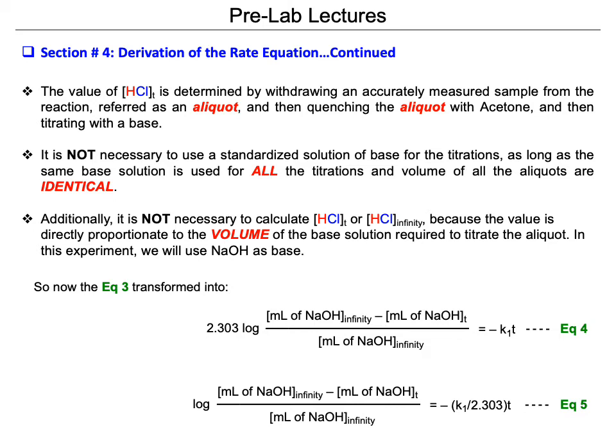We substitute the amount of hydrogen chloride with the sodium hydroxide concentration, and then we just change the side of the 2.303 to the right side, and the final equation becomes equation 5: the logarithm base 10 of the infinity concentration of the sodium hydroxide minus the momentary concentration of the sodium hydroxide, over the infinity concentration of the sodium hydroxide.